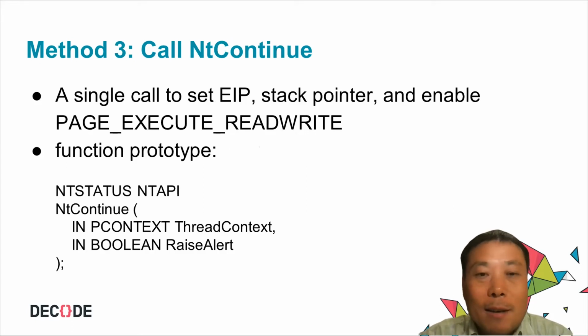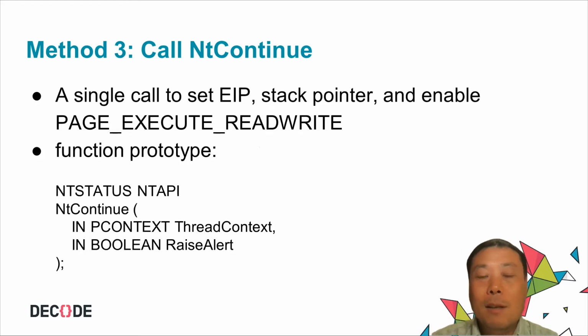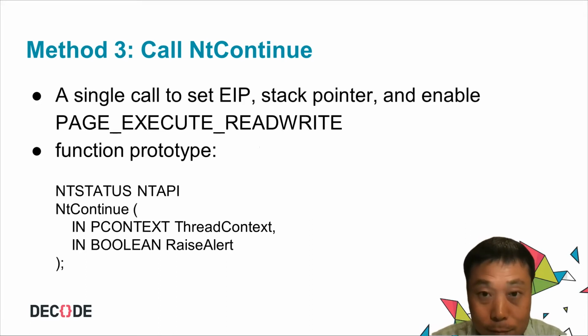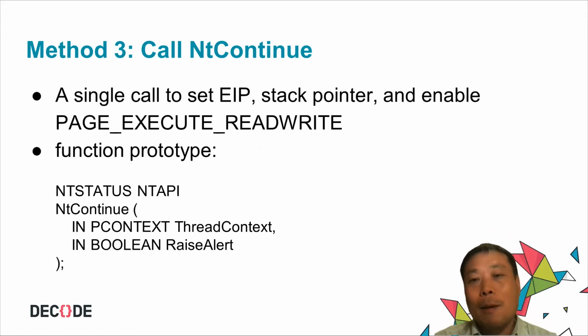Okay, the third method is calling NtContinue. This function is even more powerful. With a single function call, it will set the EIP, change the stack pointer, and enable the page executable with the read flag on the heap at the memory address.